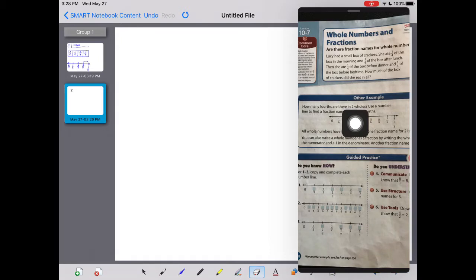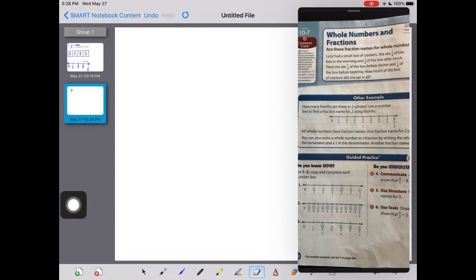Remember, that's not the kind of hole you dig. This is the whole: two whole candy bars, two whole pizzas. If these were divided into fourths, how many fourths would there be in two whole candy bars or two whole pizzas?